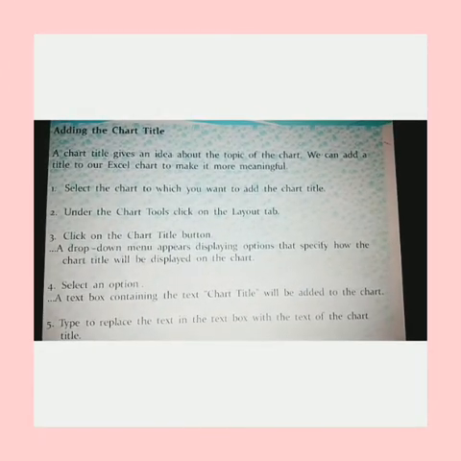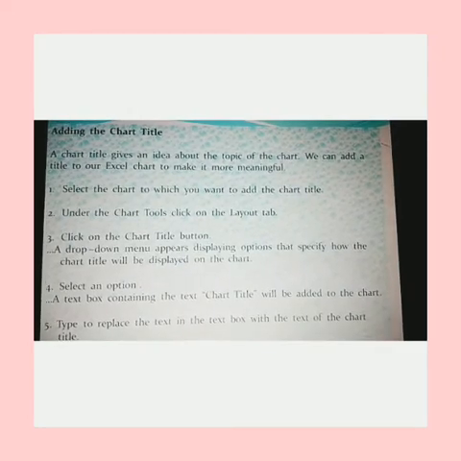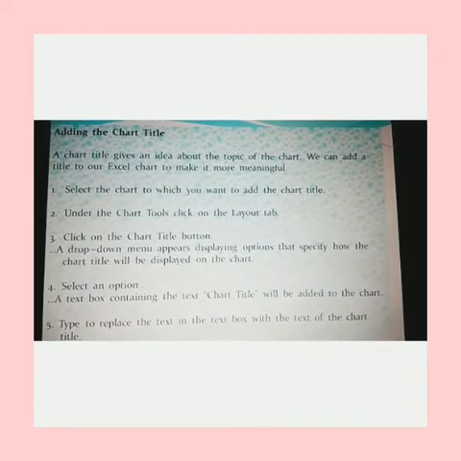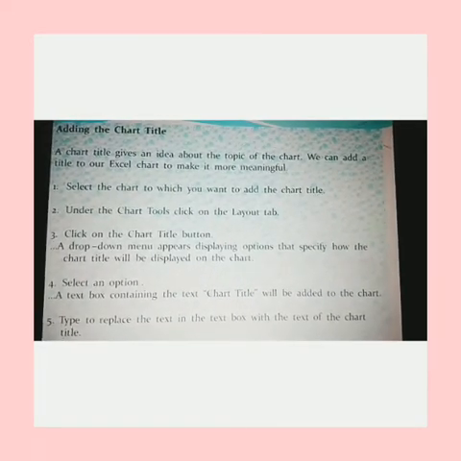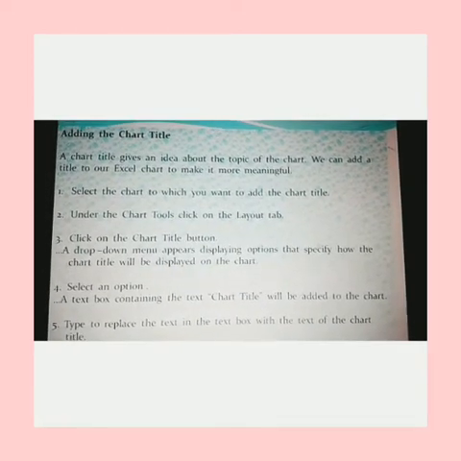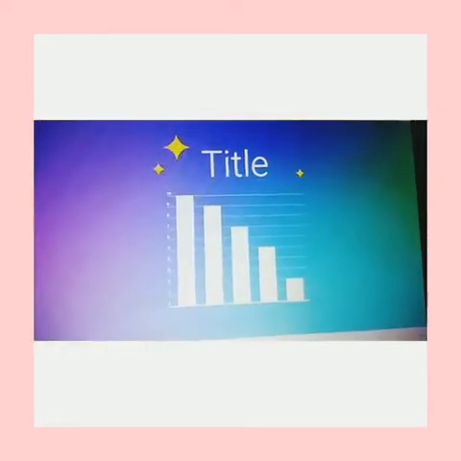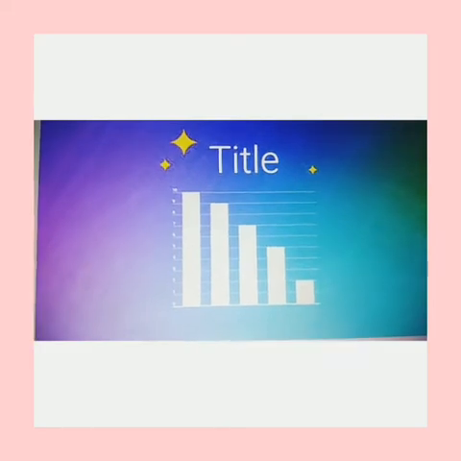Next, select an option, and then a text box containing the text Chart Title will be added to the chart. Then type to replace the text in the text box with the text of the chart title. So this is a title, shown at the top side of the chart area.